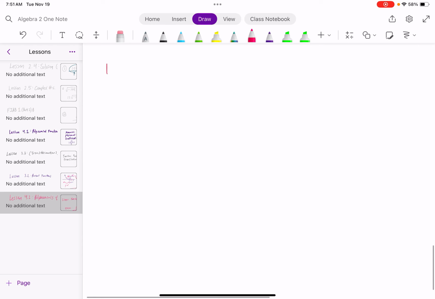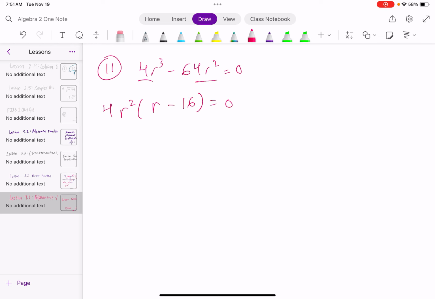Number 11, we have 4r cubed minus 64r squared is 0. They all have an r squared. They each can be divided by 4. We got an r left over and a negative 16 left over here.